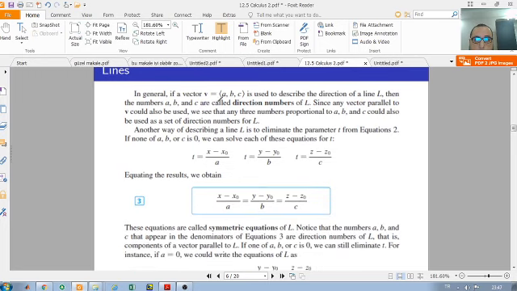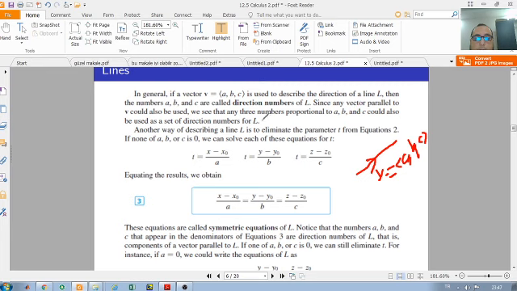So in general, if a vector v is used to describe the direction of a line, if you know the direction vector of a line in a three-dimensional coordinate system, with components a, b, c, then the numbers are called direction numbers of the line L in three-dimensional coordinate system.